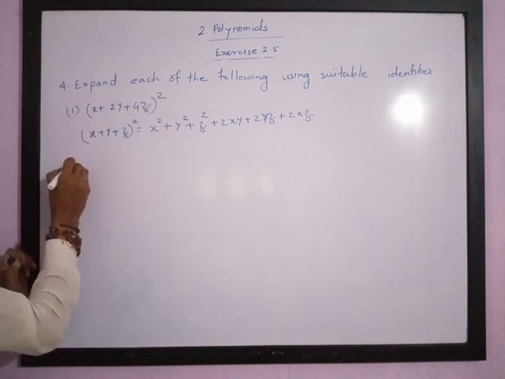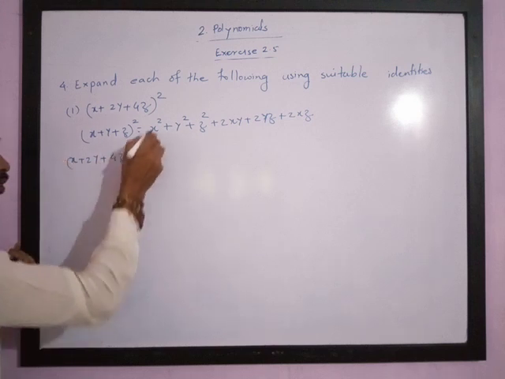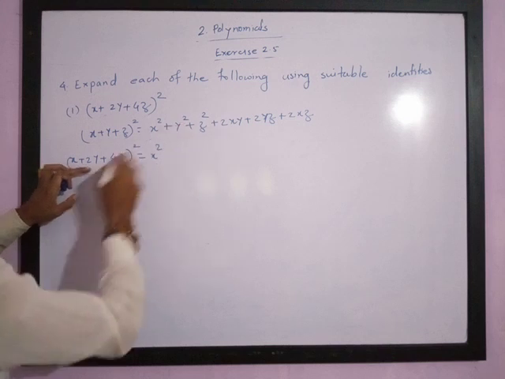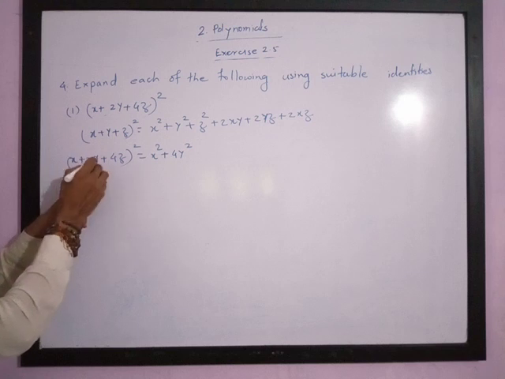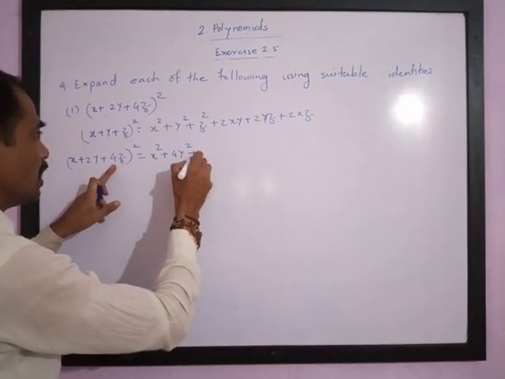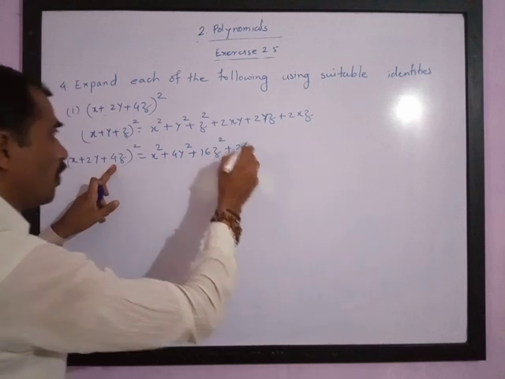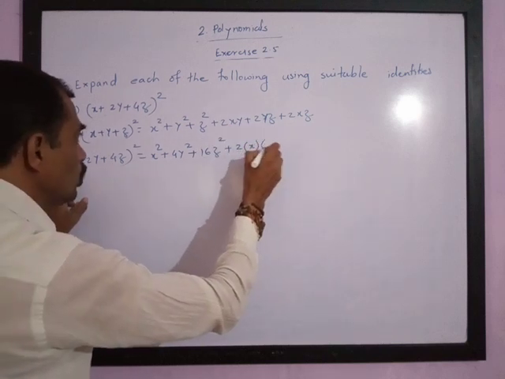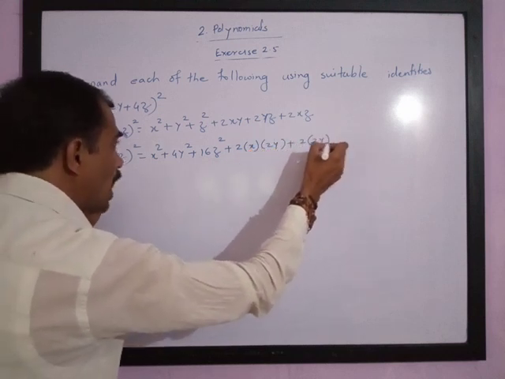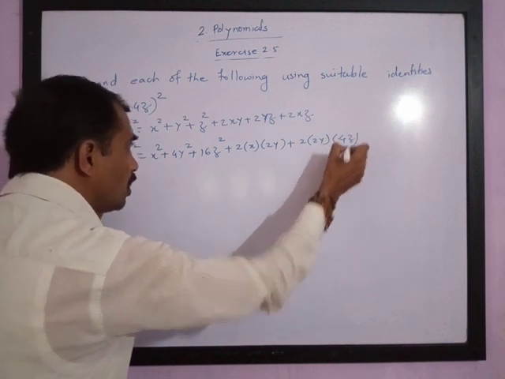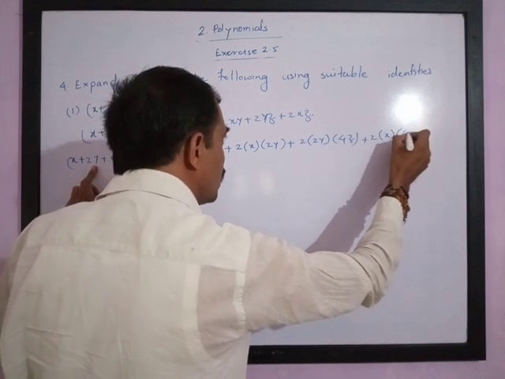So (x plus 2y plus 4z) whole square is equal to: square of the first is x square, square of the second is 4y square. Please understand, we have to square 2 also, we have to square y also. Third term, square of 4z is 16z square, plus 2 multiplied by first and second, that is x into 2y, plus 2 multiplied by second and third, that is 2y into 4z, plus 2 multiplied by first and third, that is x into 4z.